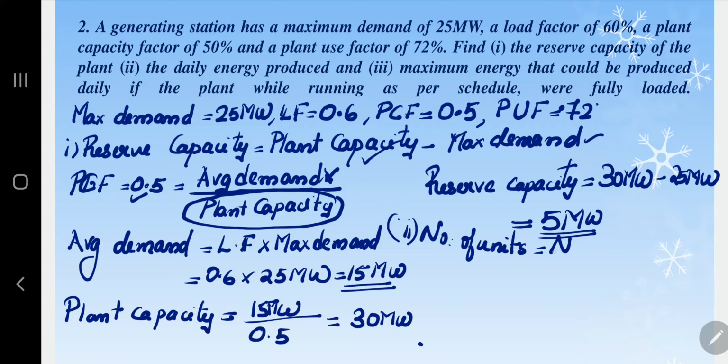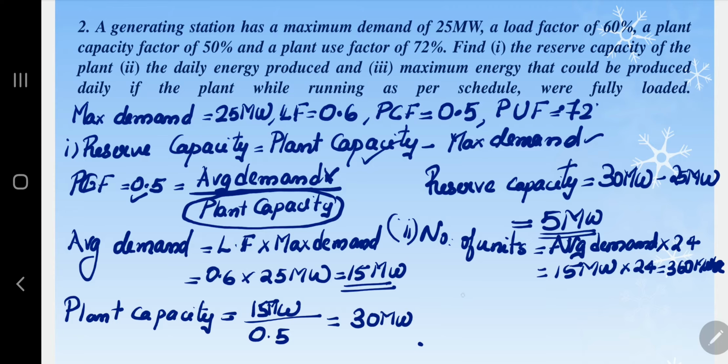So the number of units generated will be equal to the average load or the average demand into the number of hours in a day, that is 24, which means 15 megawatt into 24, which becomes 360 megawatt hour.